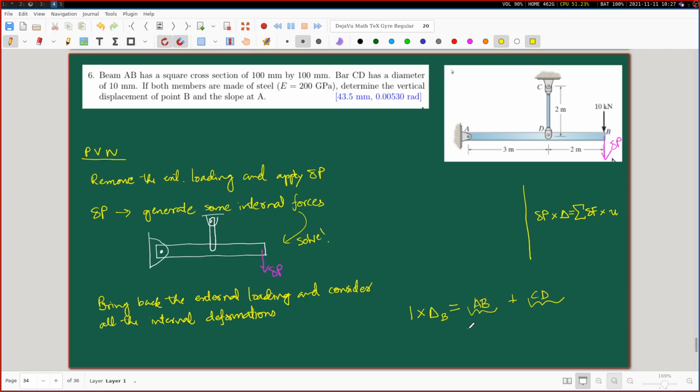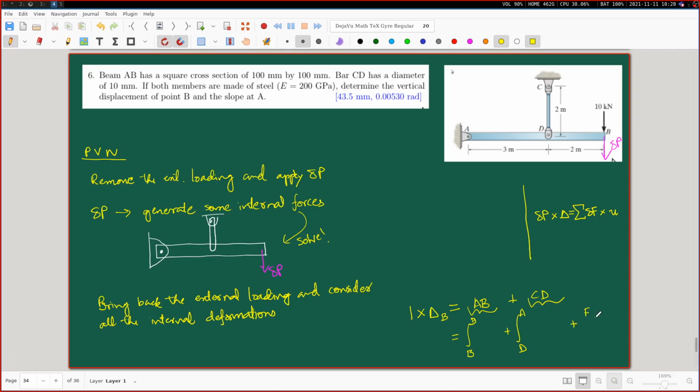But this part AB itself is going to consist of, I'm writing like this, I hope you will understand, from B to D, and then from D to A, and then this CD part, you tell me what is it going to be?